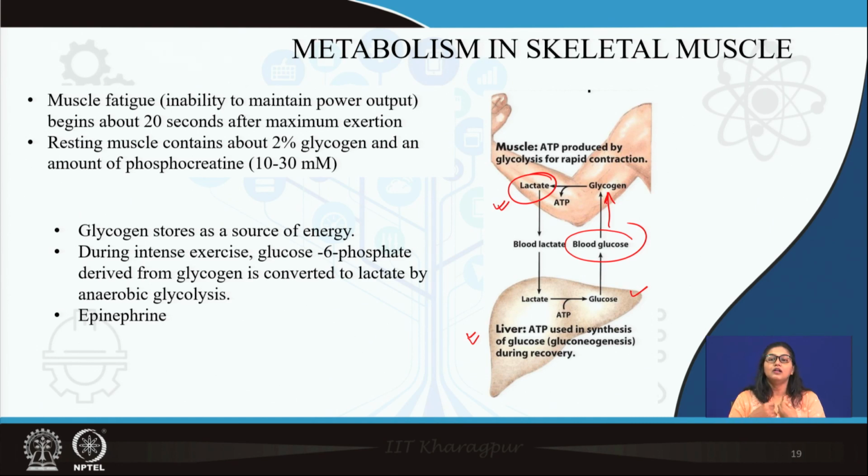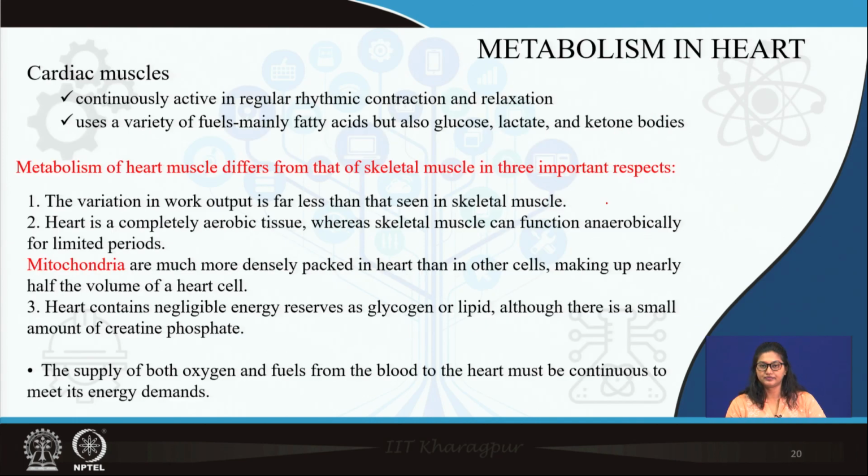Then comes the restoration of the energy molecules in skeletal muscle, like glycogen. The glycogen storage which has been already depleted can be restored. Then metabolism in heart. Now remember, skeletal muscle metabolism and cardiac muscle metabolism differ in their actions, because skeletal muscles have varied types of exercise patterns.